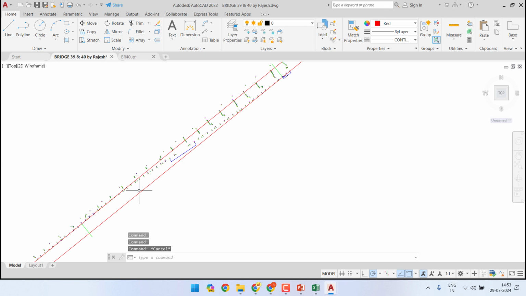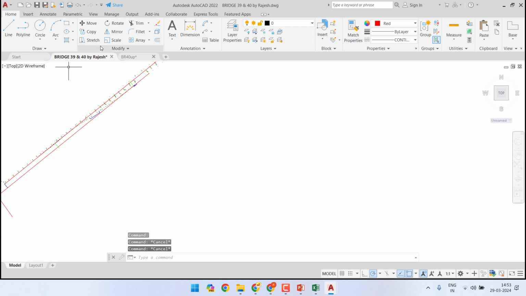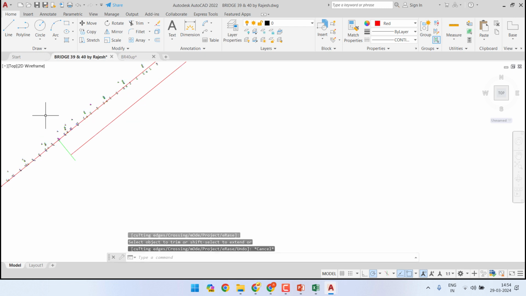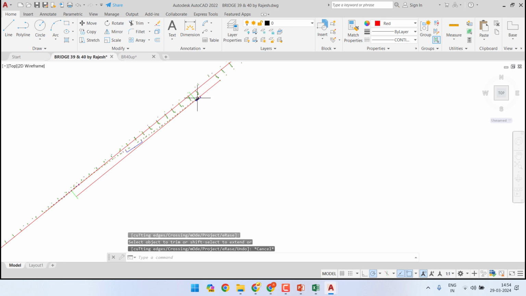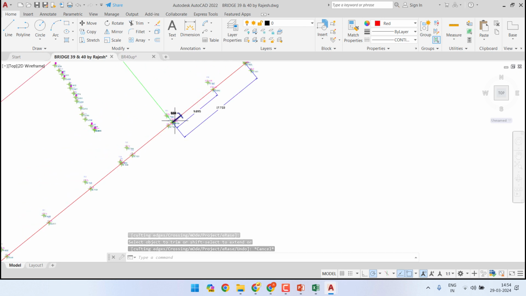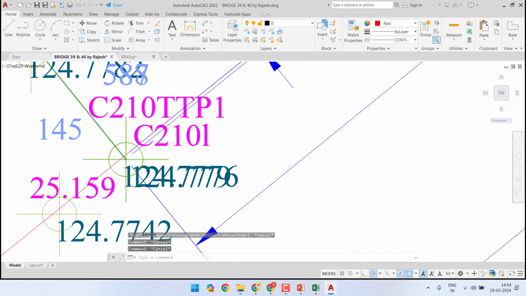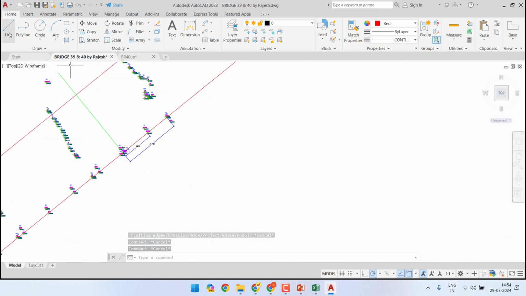So what we will do is we will trim here. Alright, we have trimmed it, and we can trim here also, or we can draw another line.